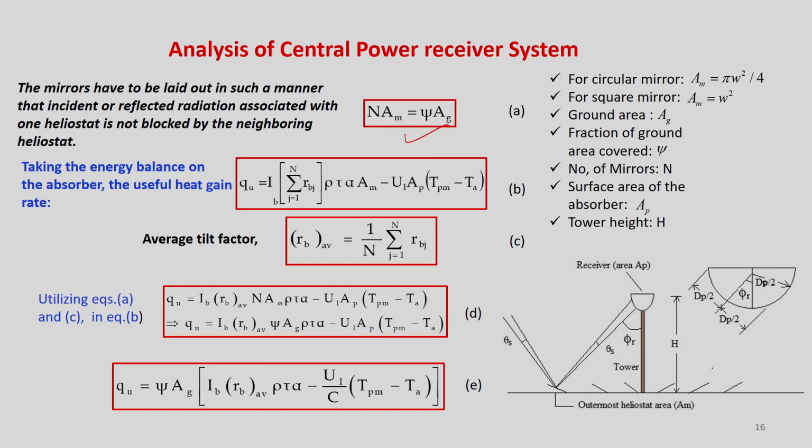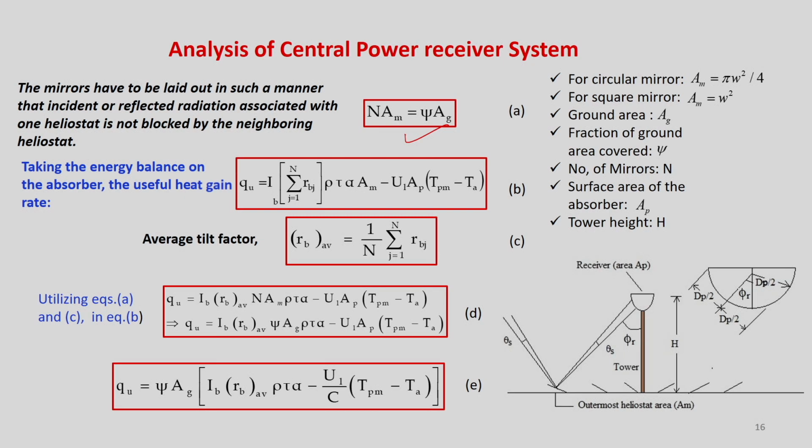The mirrors have to be laid out in such a manner that the incident or reflected radiation associated with one heliostat is not blocked by the neighboring heliostat. That we should keep in mind.